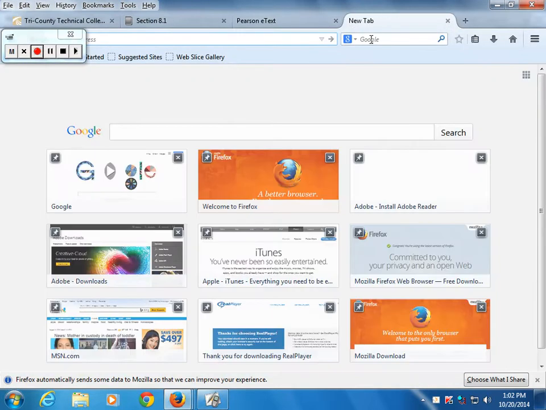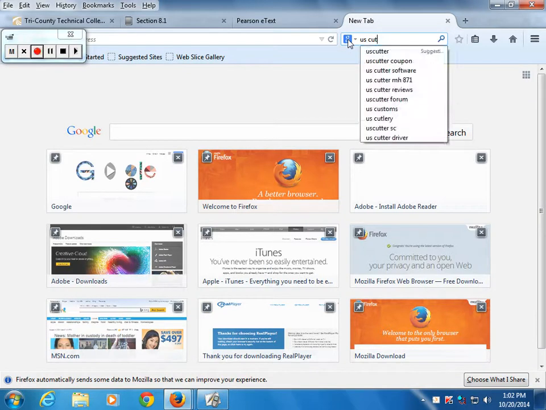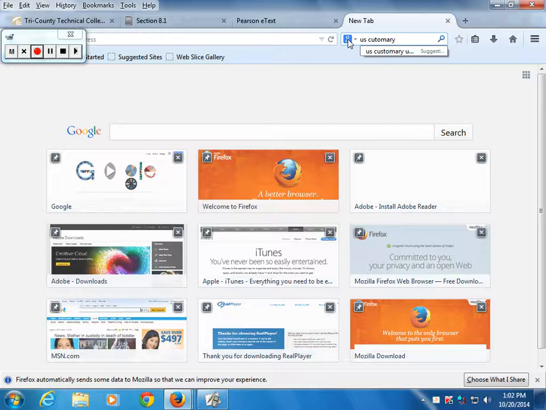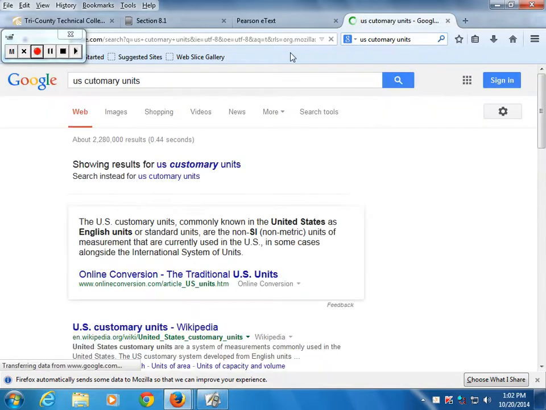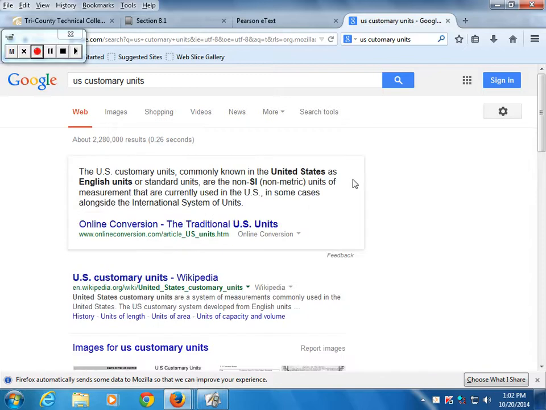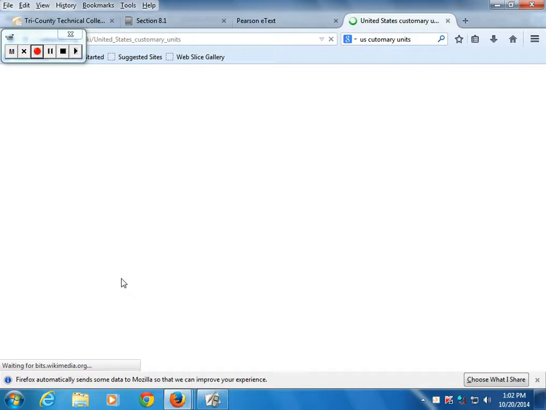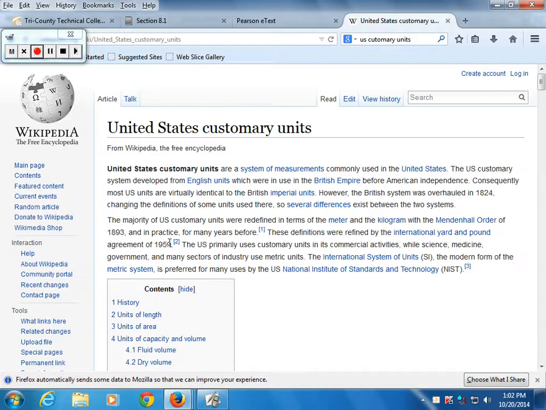So go to Google and just pull up U.S. customary units. There we go. U.S. customary units.